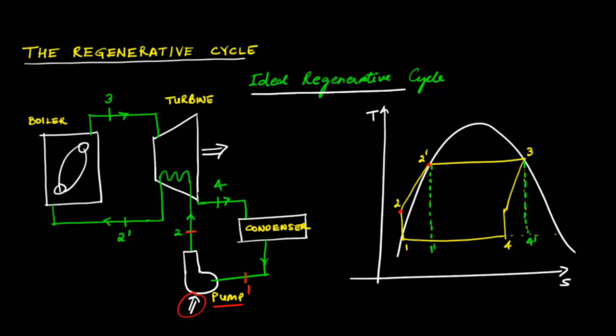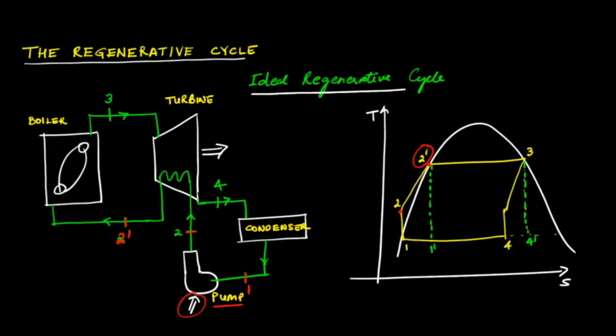So the heat is transferred in the turbine from vapor to the liquid, and for the moment we assume that this is done by having vapor that has temperature that is infinitesimally higher than that of the liquid. Therefore, at exit from this turbine, the state of the liquid is the saturated liquid at the boiler pressure, that is this state 2 prime, and thereafter it is heated in the boiler and then expanded through the turbine.